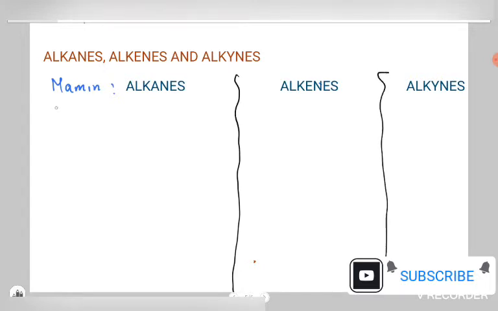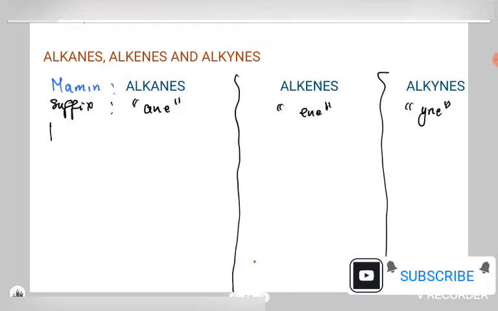The suffix: if any compound belongs to alkane, it's going to end with "ane". That's going to be the suffix of that compound. If it belongs to alkene, it's going to end with "ene", and if it belongs to alkyne, it's going to end with "yne". So if you see any compound that ends with "ane", it belongs to alkane, which is a homologous series.